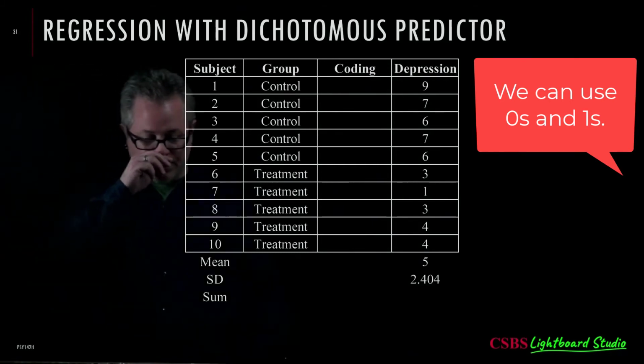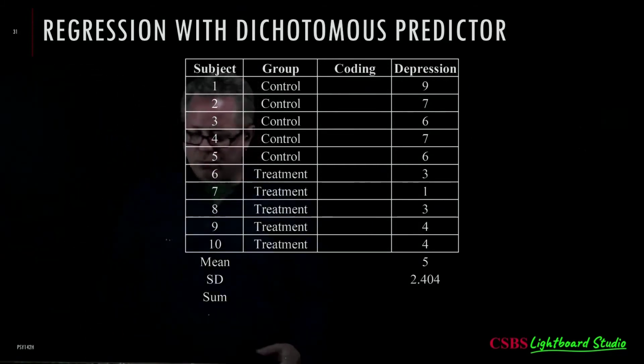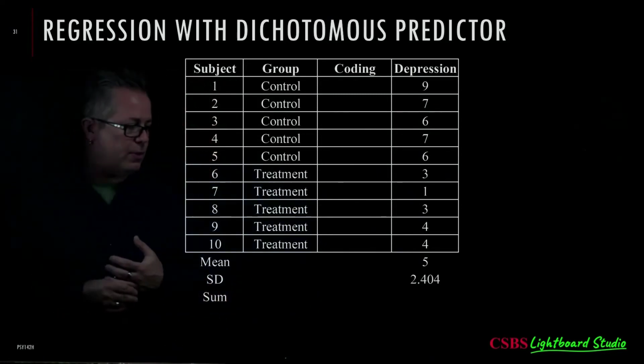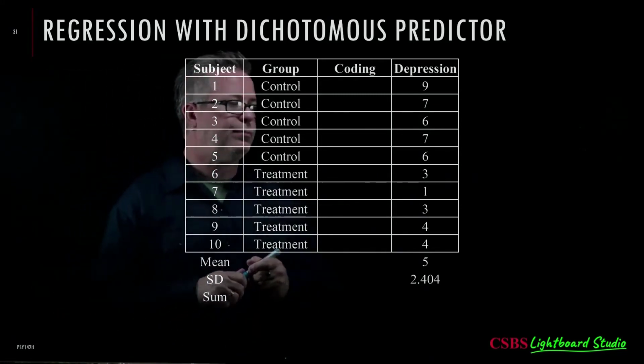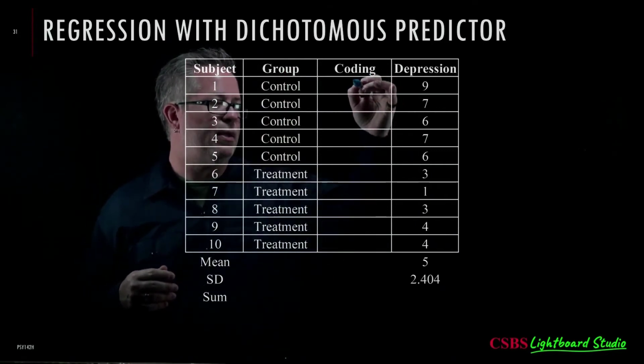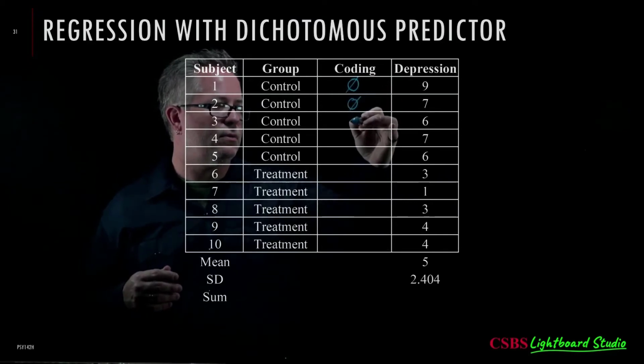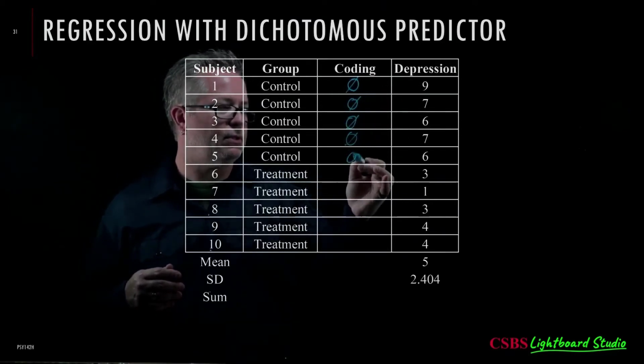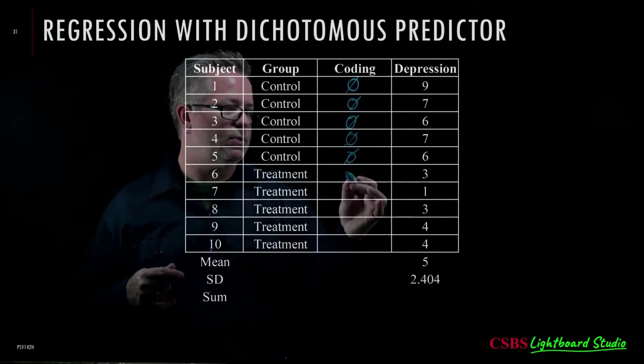It doesn't really matter the order, but I usually code this as 0, 0, 0, and 0, okay? And then these will get a 1, 1, 1, 1, 1.